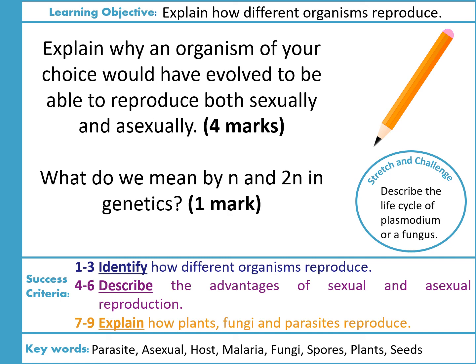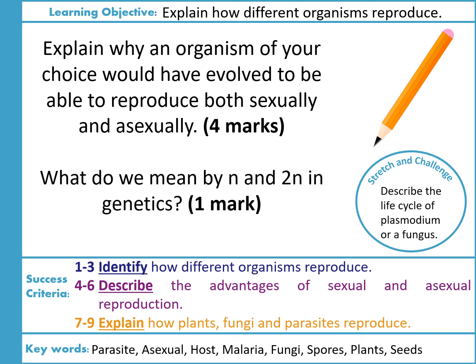And the next question is, explain why an organism of your choice would have evolved to be able to reproduce both sexually and asexually. That's worth 4 marks. And finally, what do we mean by N and 2N in genetics? And that's just 1 mark.